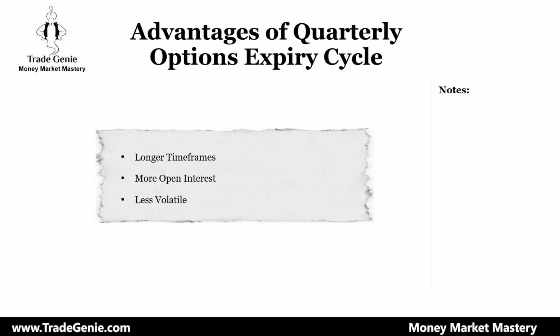Most of the time, the people trading weekly options are losing money. I'm sure some are making a killing because these are zero sum games. People are bringing the money, giving it to the professional, bringing the money, giving it to the professional. So they are killing it in the weekly time frame. So quarterly is a longer time frame, more open interest and less volatile.